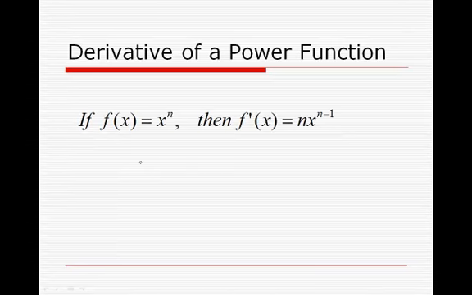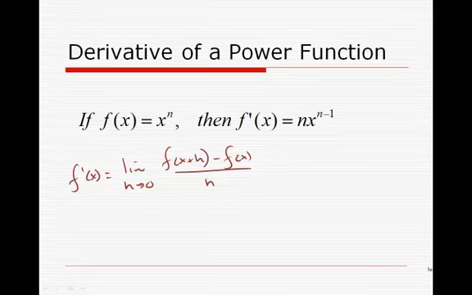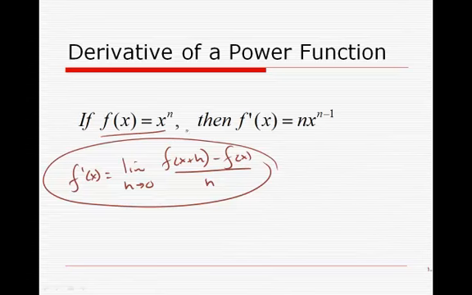We still need to be able to use our definition that we've been using for any other function than a power function. Now we will learn some other rules as we go along, but for now, this is our definition. This is a rule just for power functions.